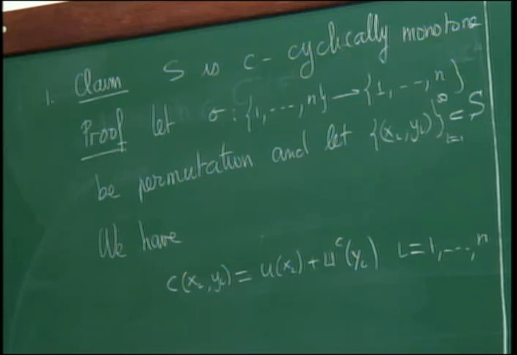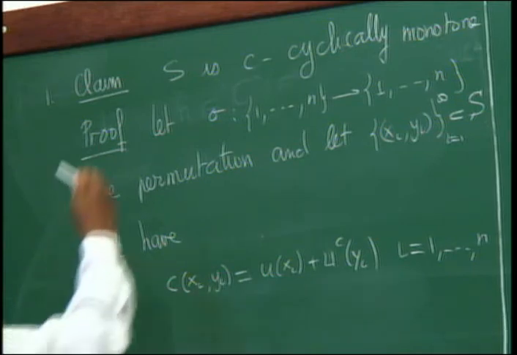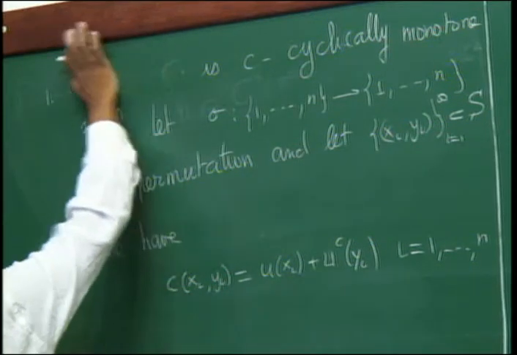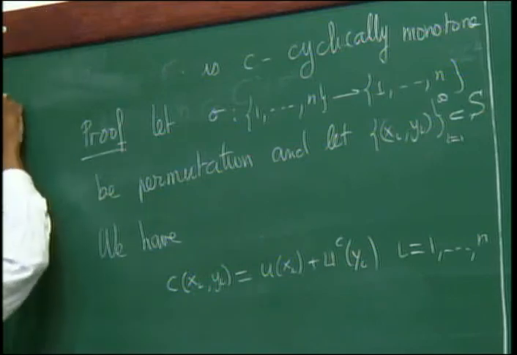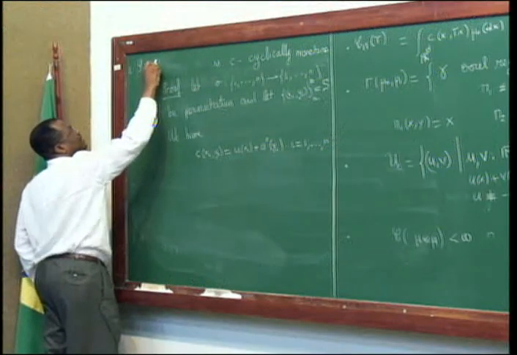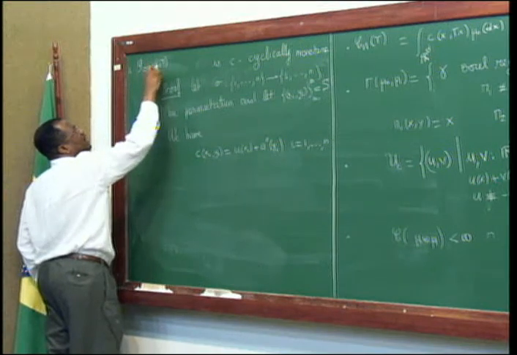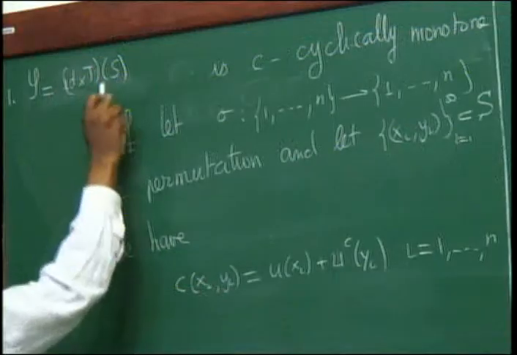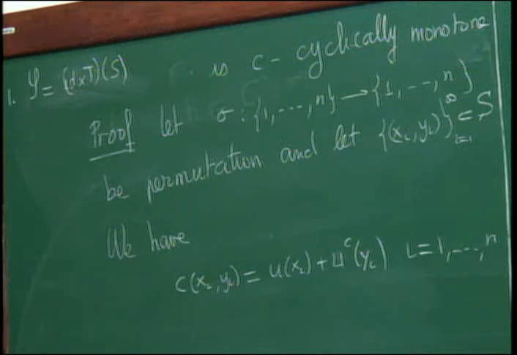No, sorry. I want to say that claim 1: if I define this to be identity cross T of S, this is C cyclically monotone, because I want a subset of R^d cross R^d.